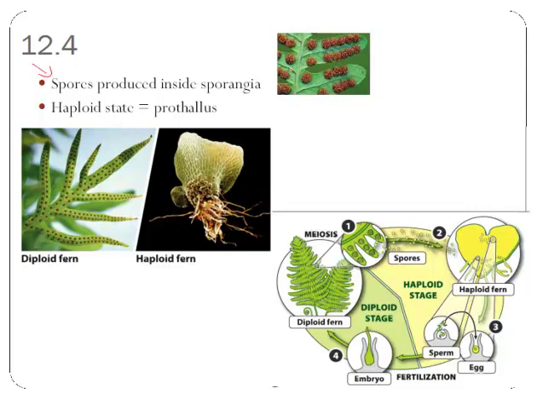When those spores land, they're going to grow into a very small, kind of almost heart-shaped leaf structure, and this haploid version of the fern, very much like we saw with our mosses, is going to produce the eggs and sperm. So the life cycle over here, we have our sporangia on the underside of the leaf producing spores. They're released. When they land in a favorable environment, they produce this haploid fern that's rooted. At one end of it, they're going to produce eggs. The other end, they'll produce sperm.